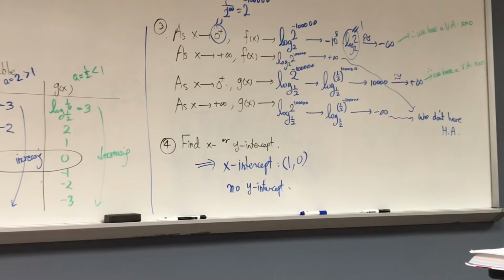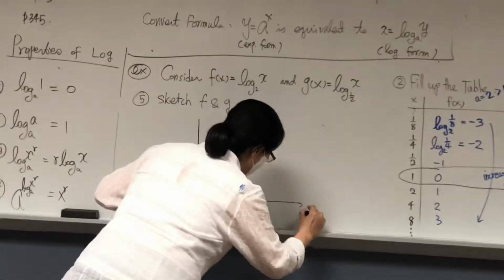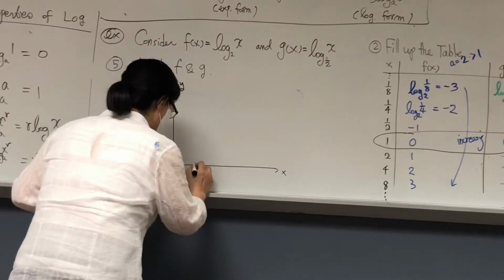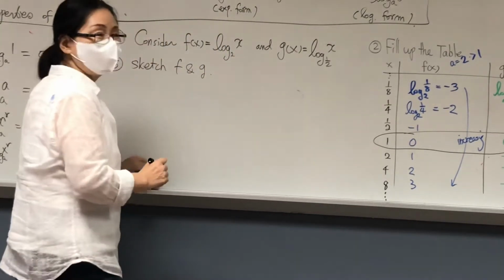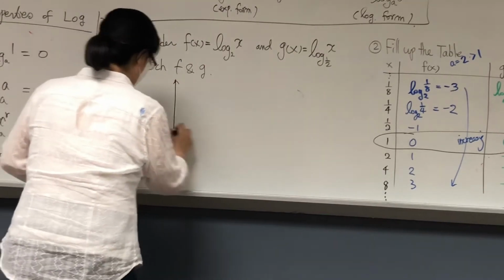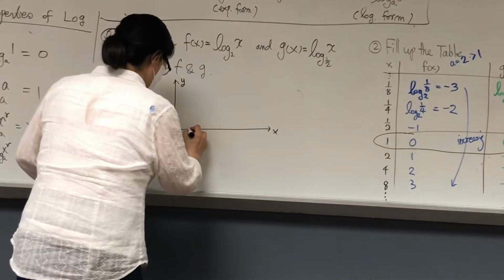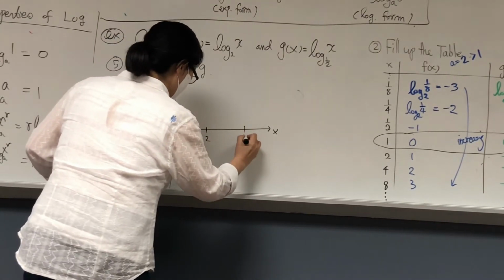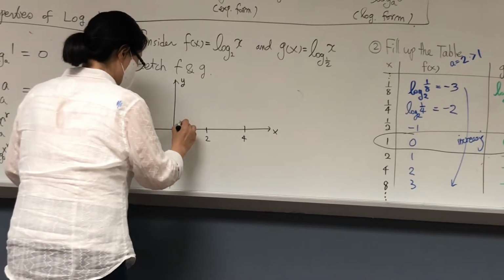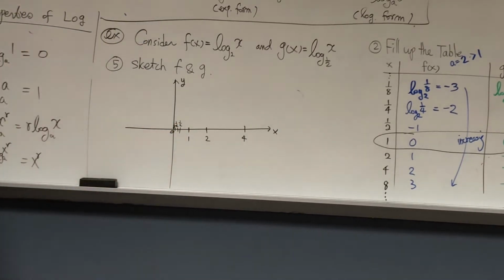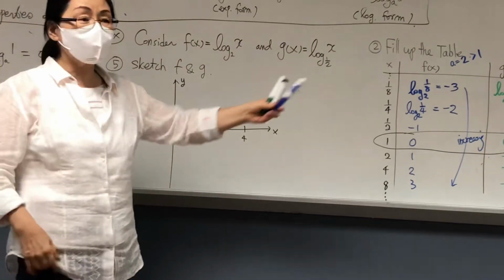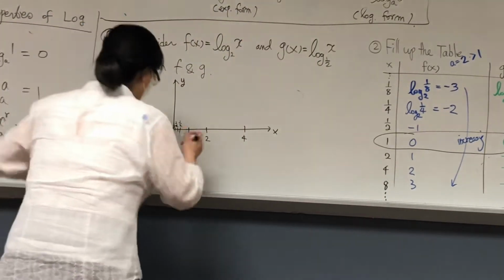Sketch. Okay, let's graph for f. At 1/8, what is your value? -3.